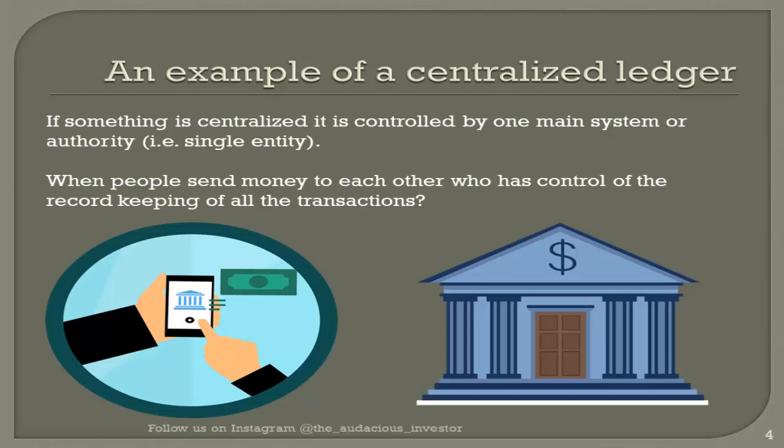It's not made public. All we are able to see are the transactions that we make with our own personal account, but the actual amount of transactions that are being made by your bank, we don't know, only they know, because the ledger is private and it's controlled by them only.